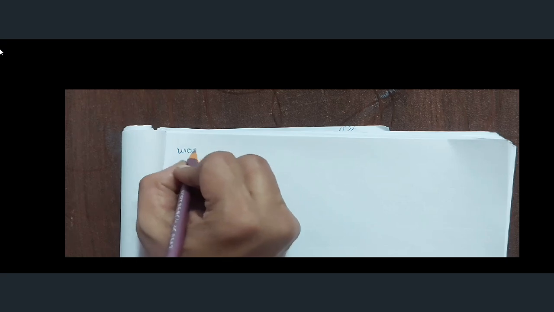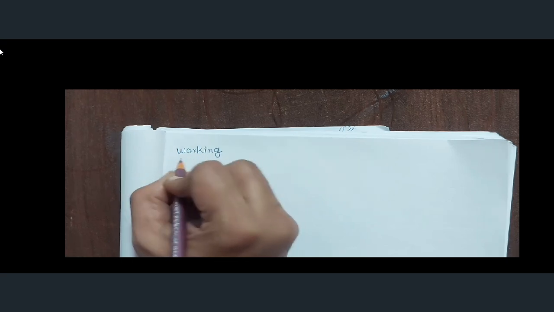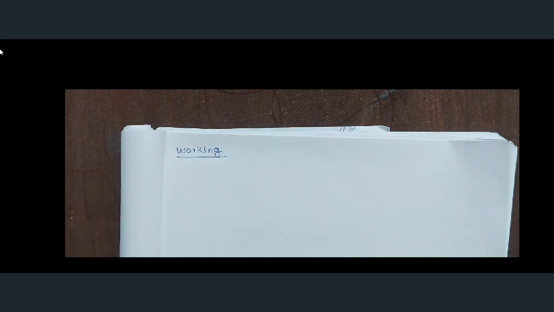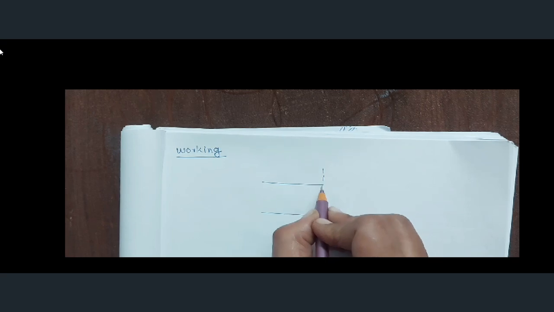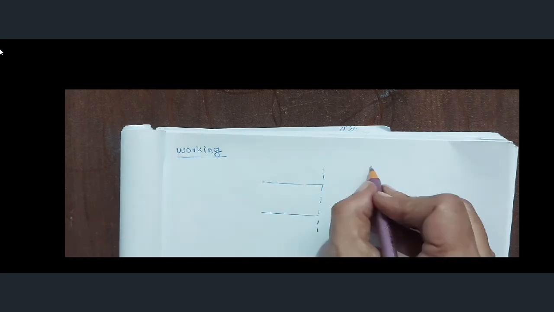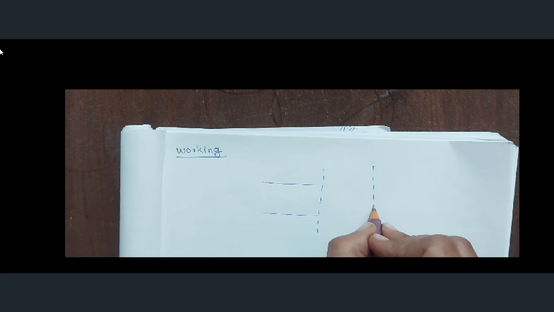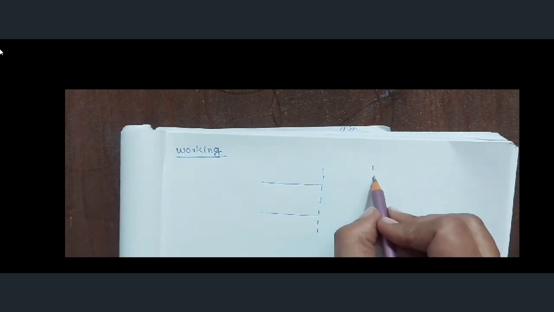So now we will quickly see how the laser is formed in a semiconductor. So, working, we will draw the diagram. Please make use of a scale.